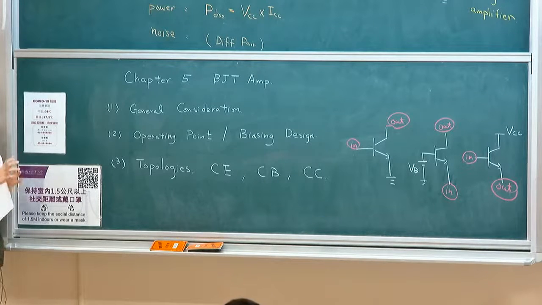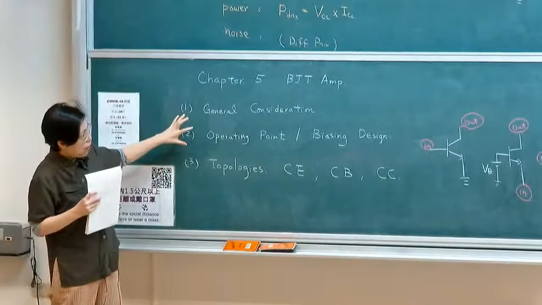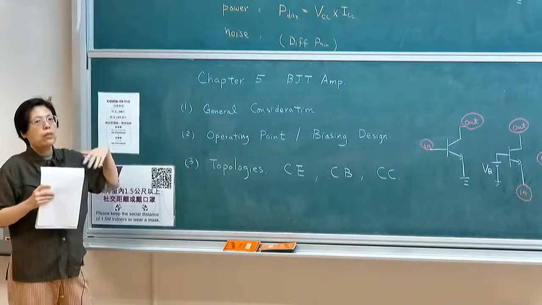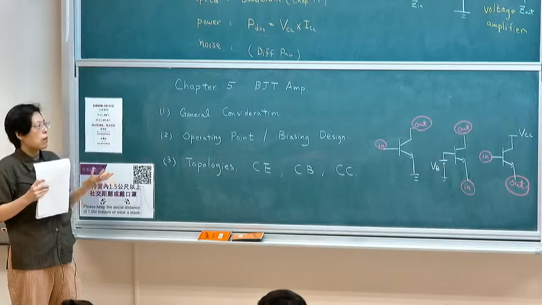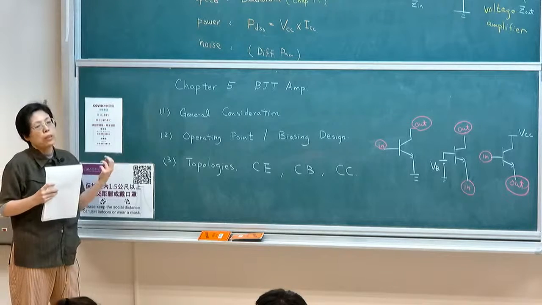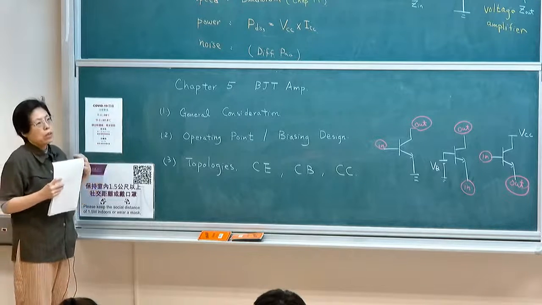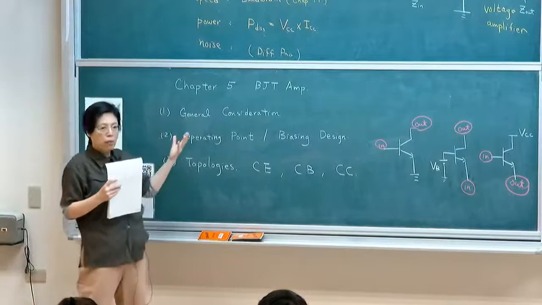So in Chapter 5, I'm going to start with general considerations in terms of understanding the basics of an amplifier. How does one consider what are the key factors you wish to evaluate or analyze in understanding an amplifier circuit?